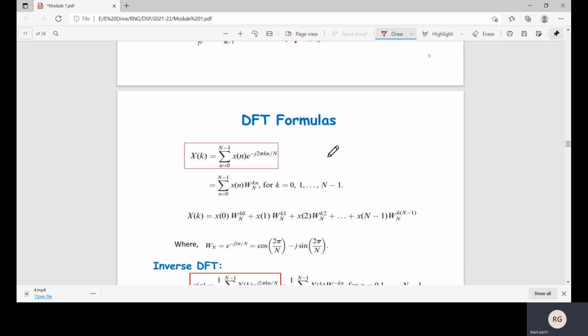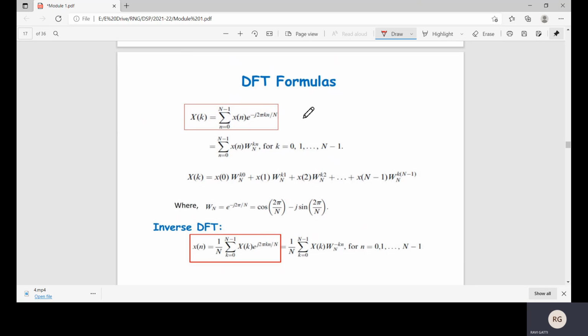The DFT of the given equation will be calculated by using this expression: X of k is equal to summation n equals 0 to N minus 1 of x of n e power minus j 2 pi kn by N, where k takes the value 0 to N minus 1. We can represent this e power minus j 2 pi kn by N using one more important term that we call the twiddle factor.